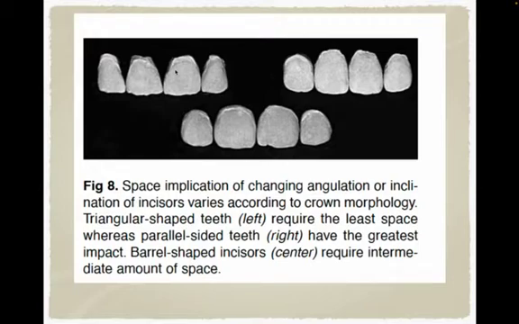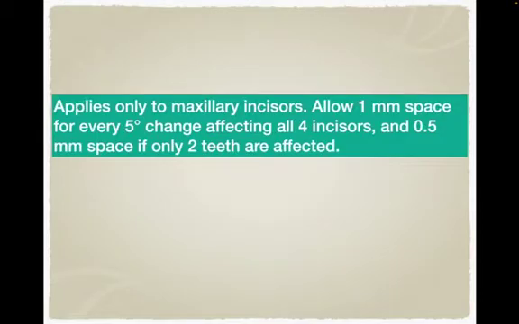Because of their anatomy, they look mostly triangular and are small in size, so they're not really counted when we consider the space. So the torque consideration applies only to the maxillary incisors. Allow 1 millimeter of space for every 5 degrees of change affecting all 4 incisors, and 0.5 millimeter of space if only 2 teeth are affected.